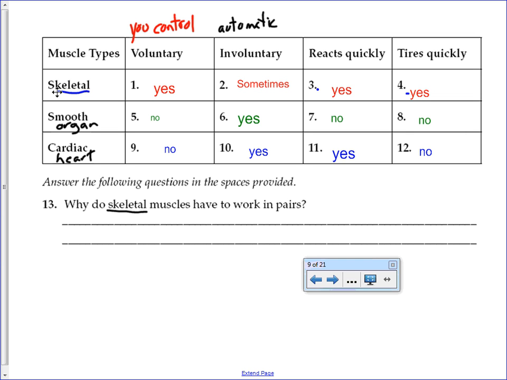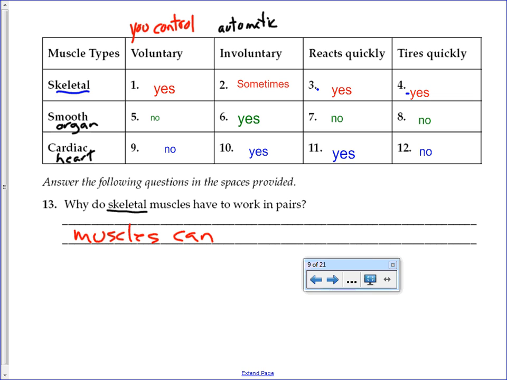Yes. Not exactly, kind of. Anybody else? Yes. One muscle is left to work alone. They can't move the arm. Yes, right?